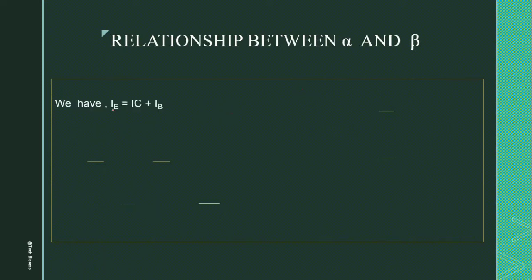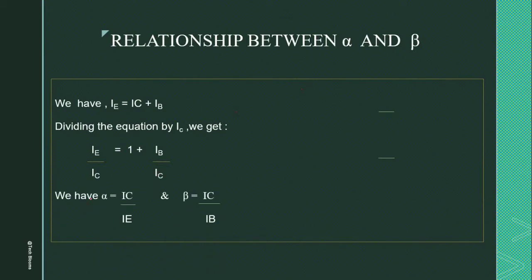So we have an equation IE equal to IC plus IB. That is, the emitter current is equal to the collector current plus the base current. Now we'll divide the equation by IC. So dividing this equation by IC, we get an expression IE upon IC equal to 1 plus IB upon IC.